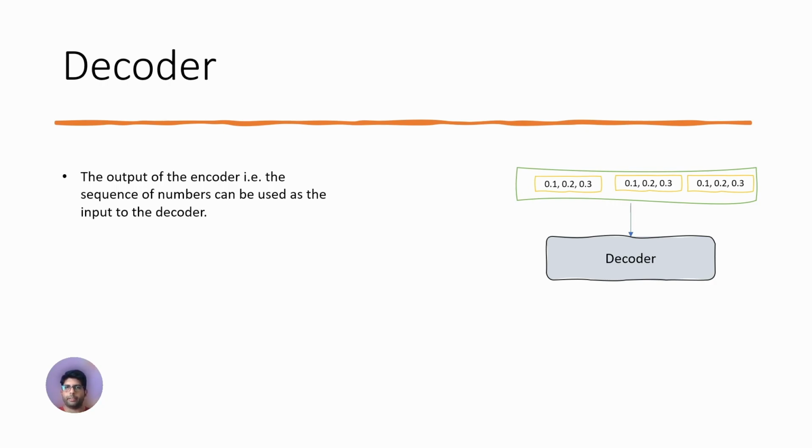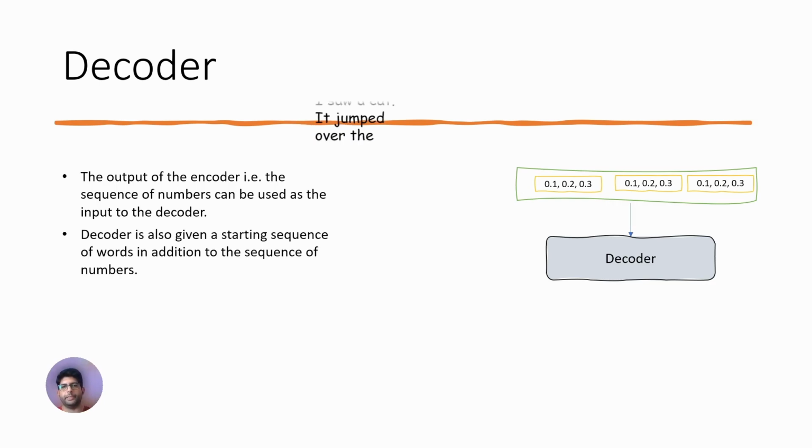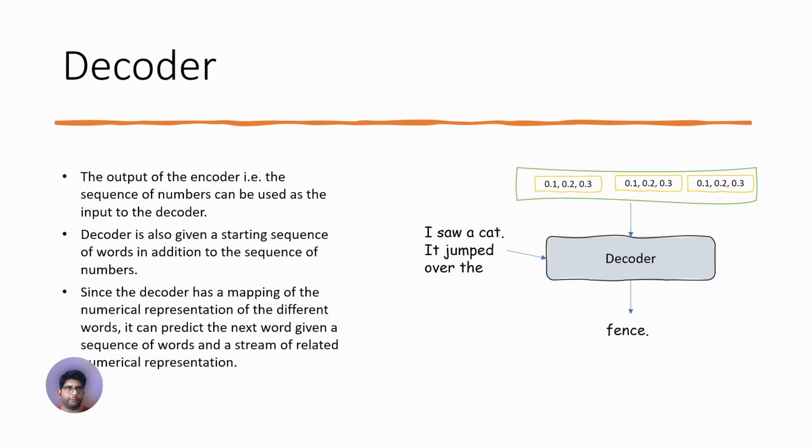Now, during the prediction or inference part, if you give it a sequence of text and ask it to complete the text for us, that is, to predict the next word in a sequence, it takes that sequence of words we have fed it during inference and compares it to the numerical representations, the knowledge base that it had from its training time. It tries to match the context of the input text with the context of all the numerical representations it had during training, and then comes up with a prediction of the next word in the sequence.